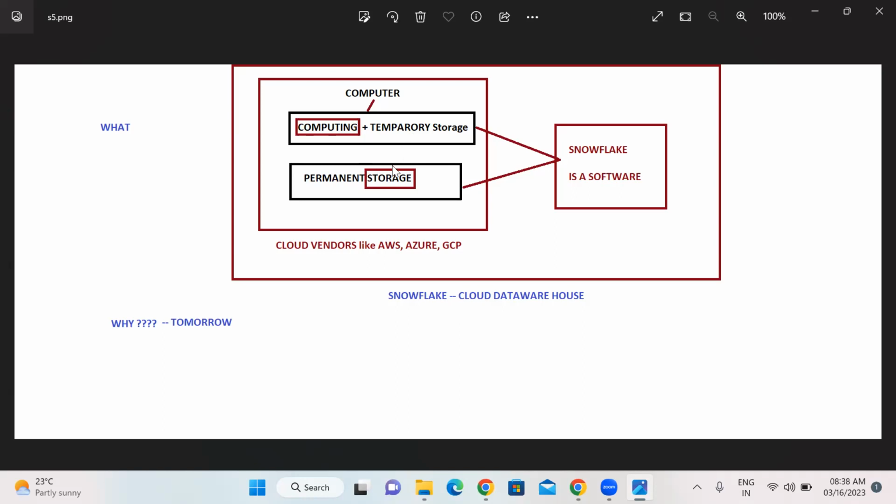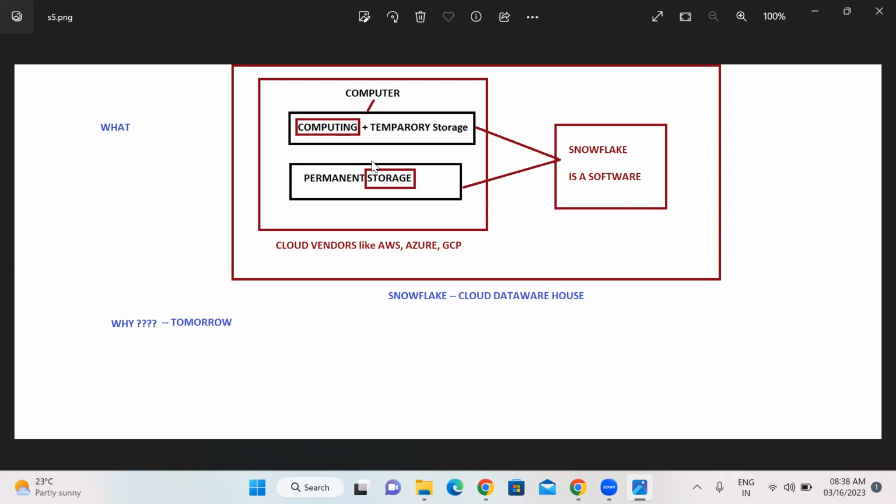Temporary memory and other storage, like external storage, any storage, hard disk like that. So nowadays, computer means CPU plus temporary memory and permanent storage. So computing is separate, storage is separate.